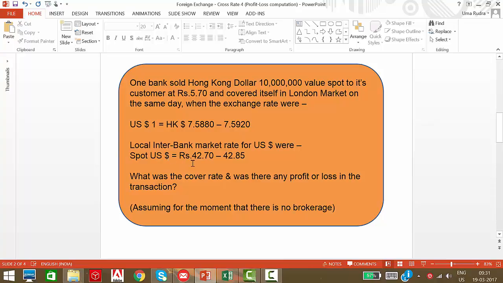And the local interbank market rate for 1 US dollar was quoted rupees 42.70 and 42.85.